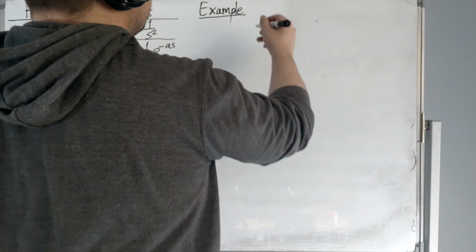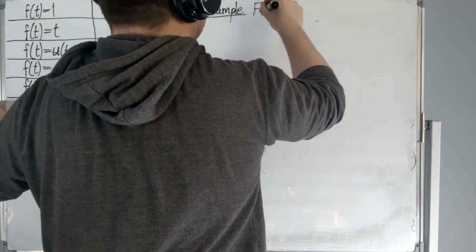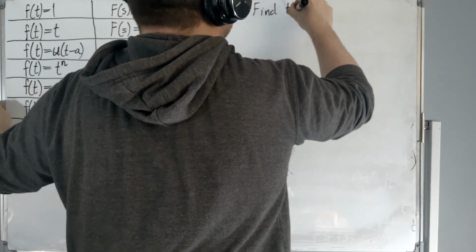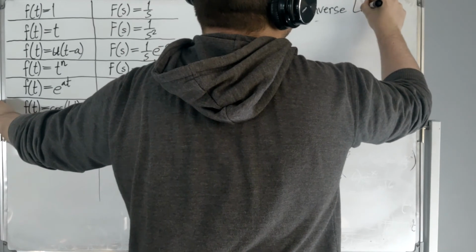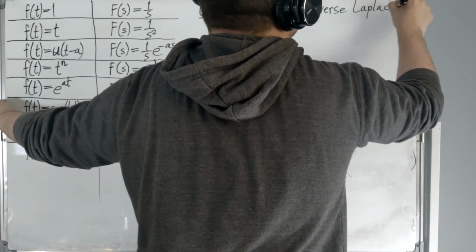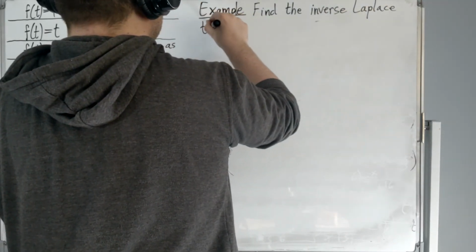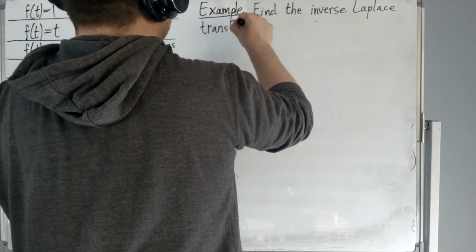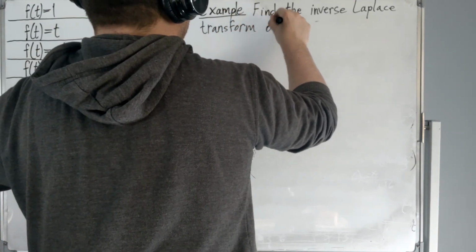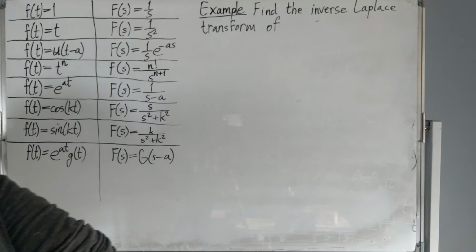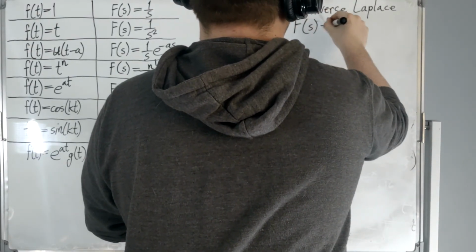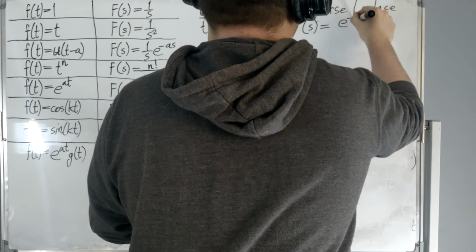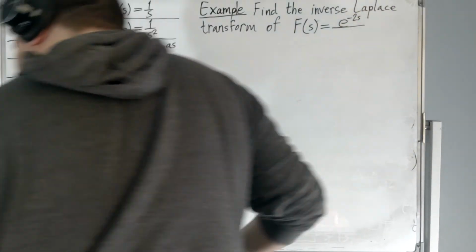So, find the inverse Laplace transform of F of s equals e to the negative 2s divided by s squared plus 1.